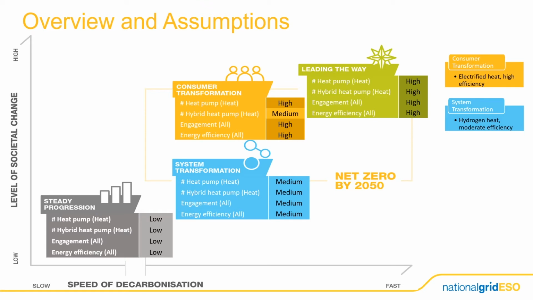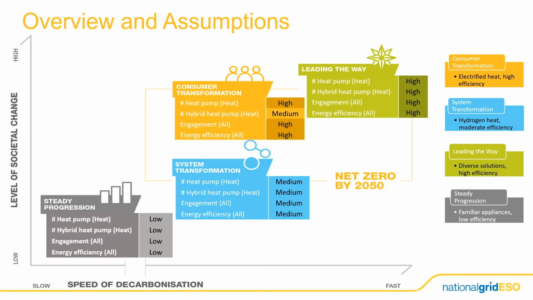In the leading the way scenario, the solutions to decarbonizing heat are a bit more diverse. The scenario also has high levels of both building and appliance efficiencies. In the steady progression scenario, there is lower levels of societal change, and this means continued use of familiar technologies, and also the scenario features lower levels of efficiencies.